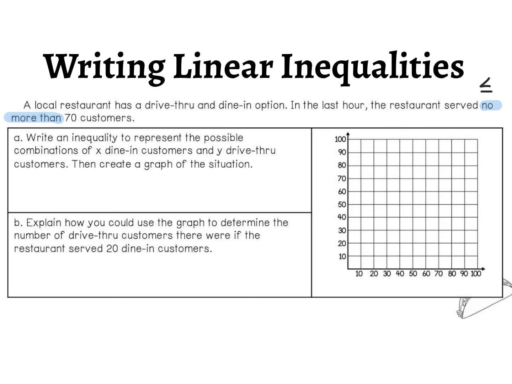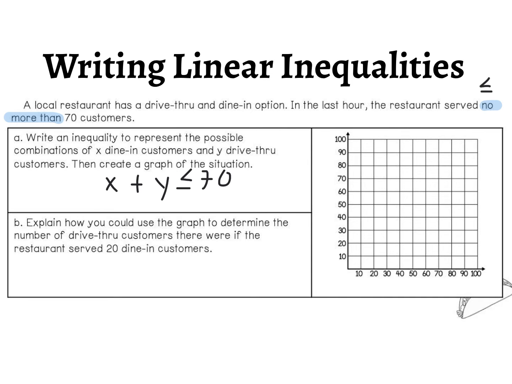Write an inequality to represent the possible combinations of x and y, and then create a graph. So we're going to add the number of dine-in customers plus the number of drive-through customers, and we want to have less than or equal to 70.